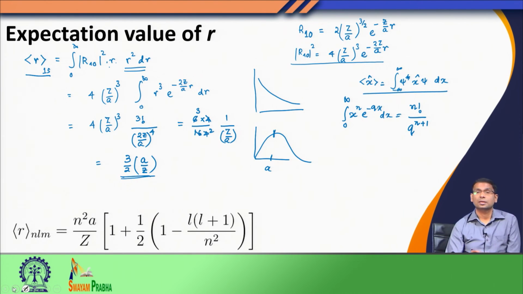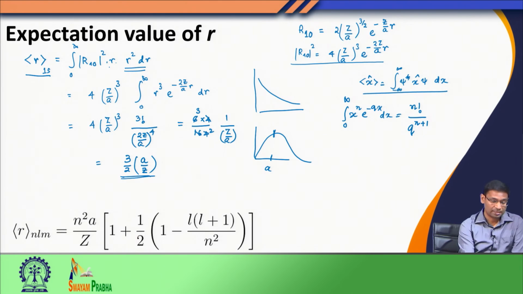In fact, if you use the general form of the hydrogen atom's eigenfunction and then find out the expectation value of r, the radial position operator, for any value of n, L, m, this is the general expression, where you see it depends on the n quantum number and the L quantum number; of course, it is silent about the m quantum number, the magnetic quantum number.